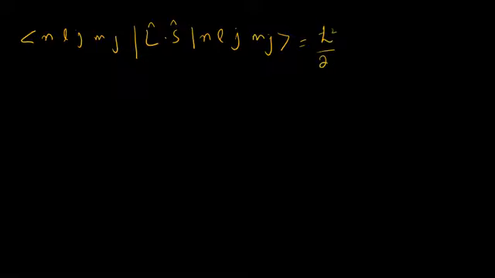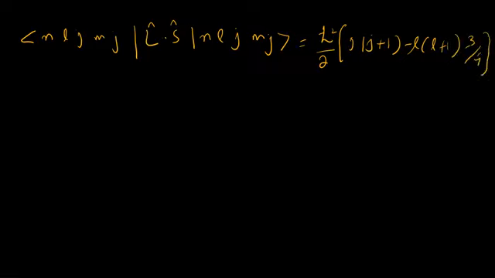This is the eigenstate of both L and S. Their corresponding eigenvalue can be calculated as ħ squared by 2 into j(j plus 1) minus l(l plus 1) minus 3 by 4. So what is the background of this value? We can calculate it.